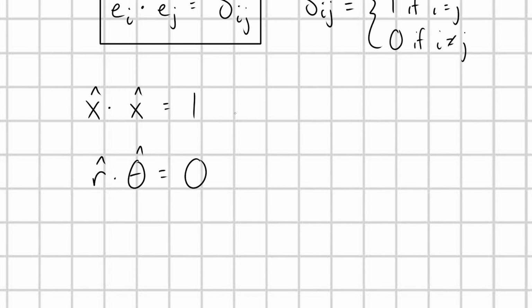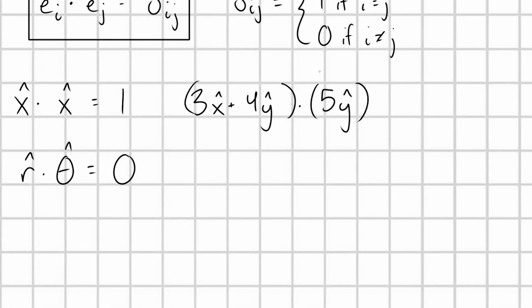And we can use these very simple definitions to come up with dot products of more complicated vectors, right? For example, if I have 3x hat plus 4y hat dotted with 5y hat, we could distribute this out, we'll do it very literally one time. We have 3x hat dot 5y hat plus 4y hat dot 5y hat.